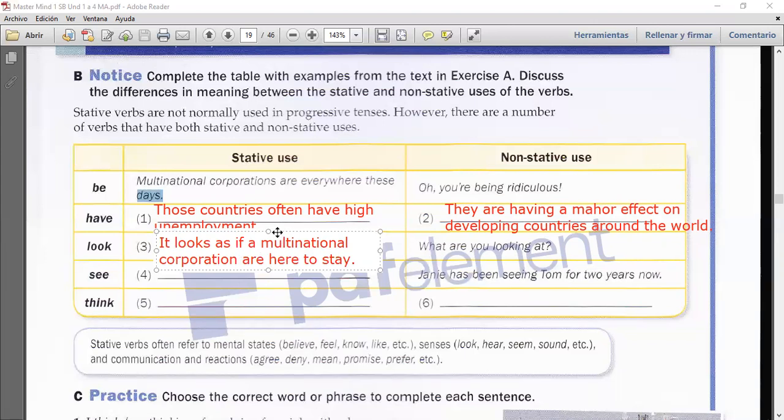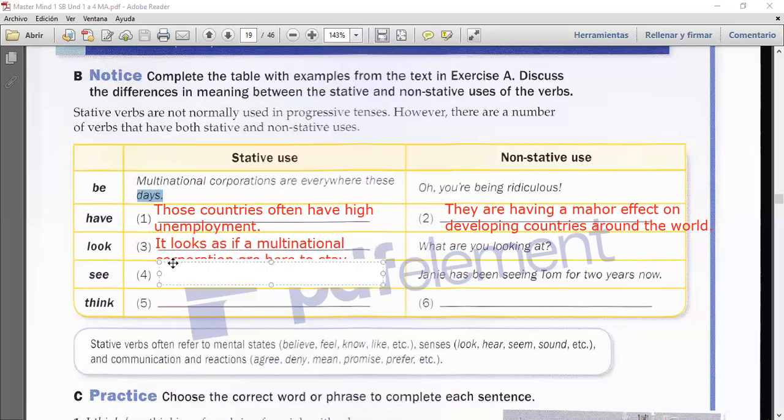You see signs advertising multinational corporations. Okay, next.